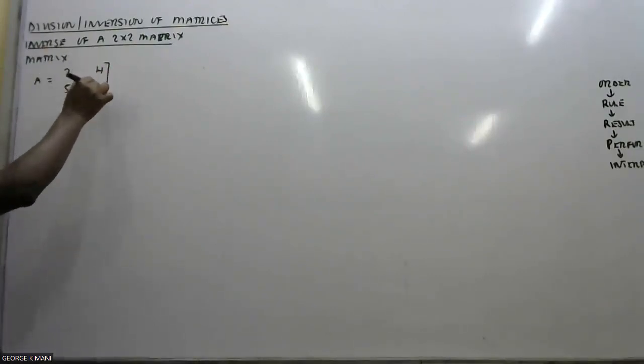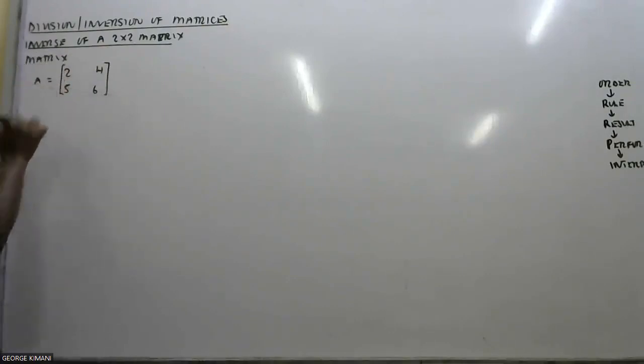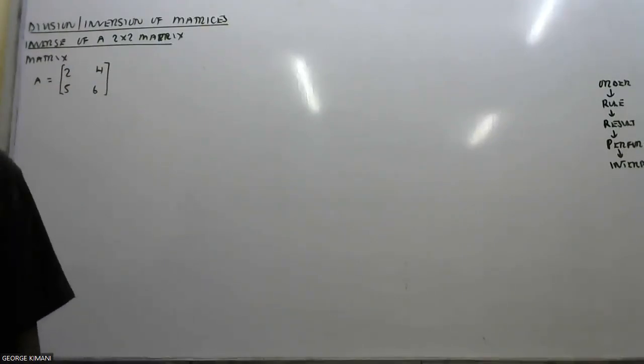So let's start with the matrix here. You are given a matrix 2, 4, 5, 6. You are given a matrix like that, and they want you to get the inverse.